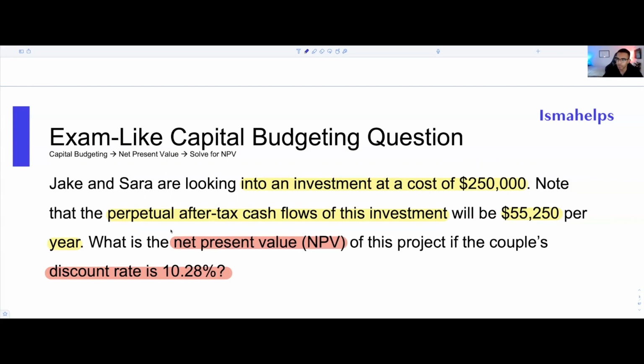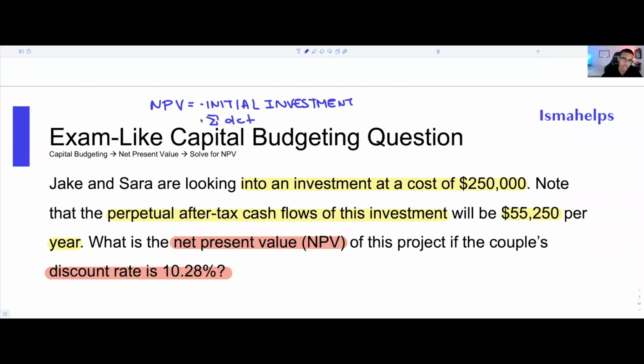So NPV, all right, the net present value formula could really be written as follows. You're going to have your initial investment, okay? And you're going to have as well the sum of your discounted future cash flows.